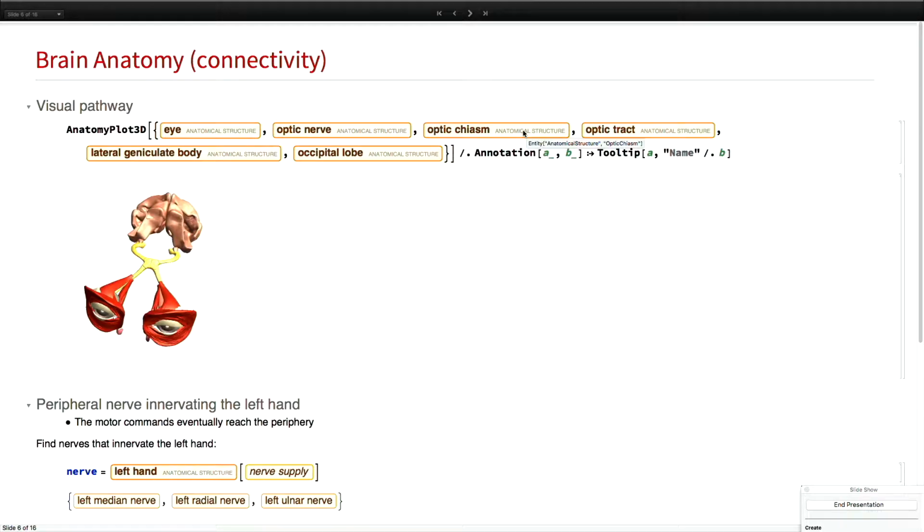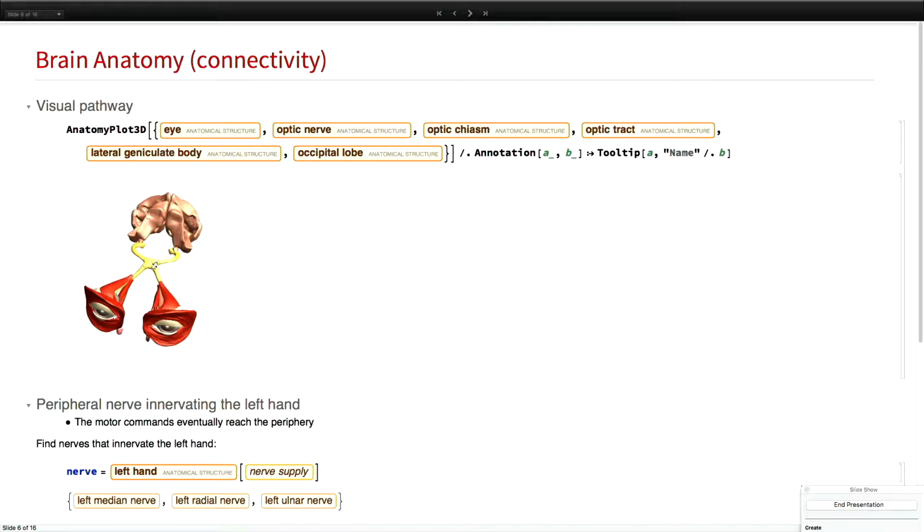And not limited to the brain's central network, we also have information about more peripheral nerve pathways. This is an example of the visual perception pathway, and we can visualize it. So the light signal comes into the eye, and the signal travels along the optic nerve, crossing the optic chiasm and reaching the visual area in the occipital lobe.